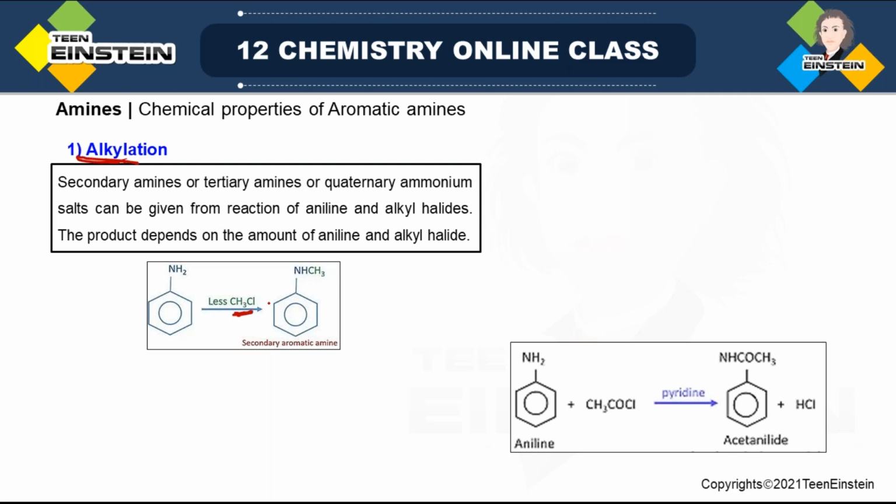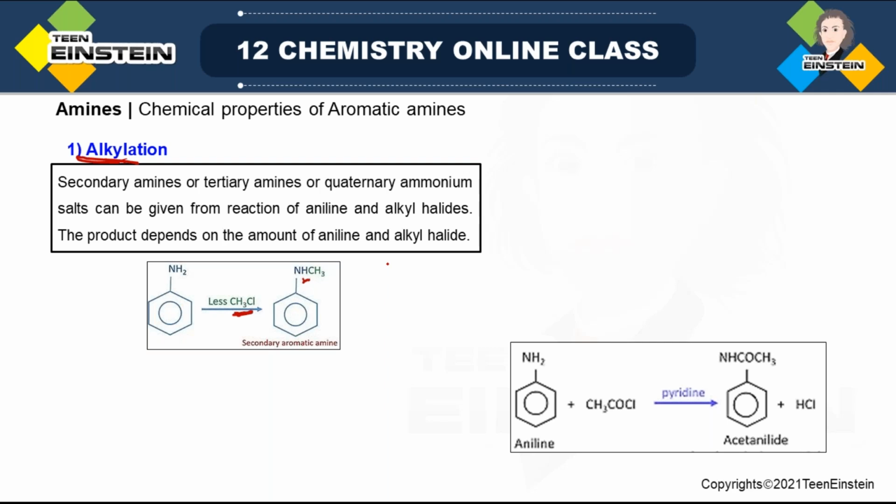Here it is written less amount of CH3Cl, because if you take excess CH3Cl, another H will also be replaced by another methyl group, and you will end up with PhNMe2. But if your purpose is to make PhNHMe, a 2 degree, secondary aromatic amine, then you have to use less CH3Cl.